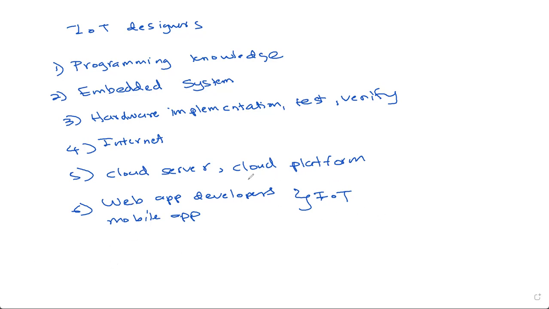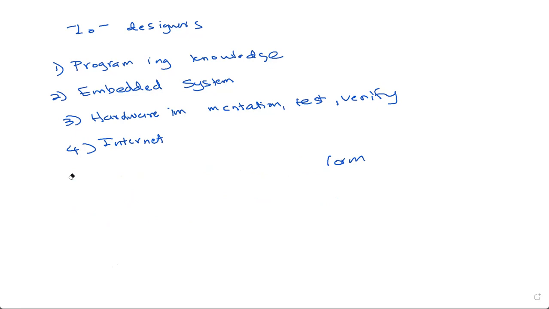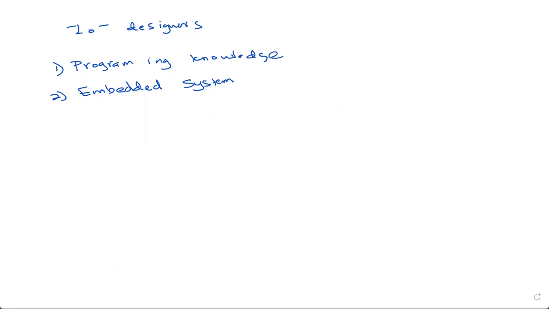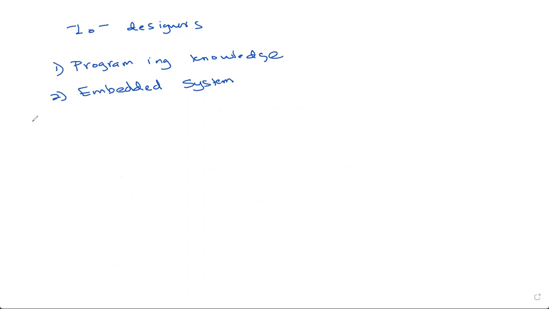So I mentioned the IoT platforms before. There are many popular IoT platforms in use as of now. Large companies such as Amazon, Google, and Cisco are deploying their IoT platforms for anybody to use, right?